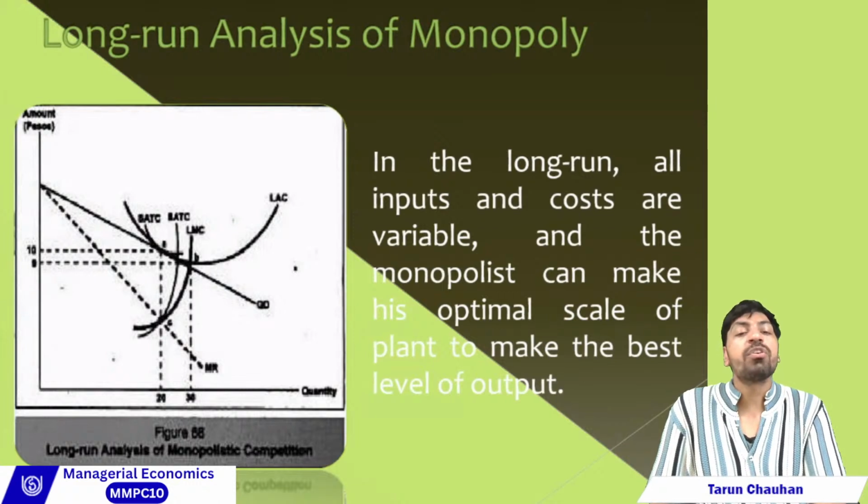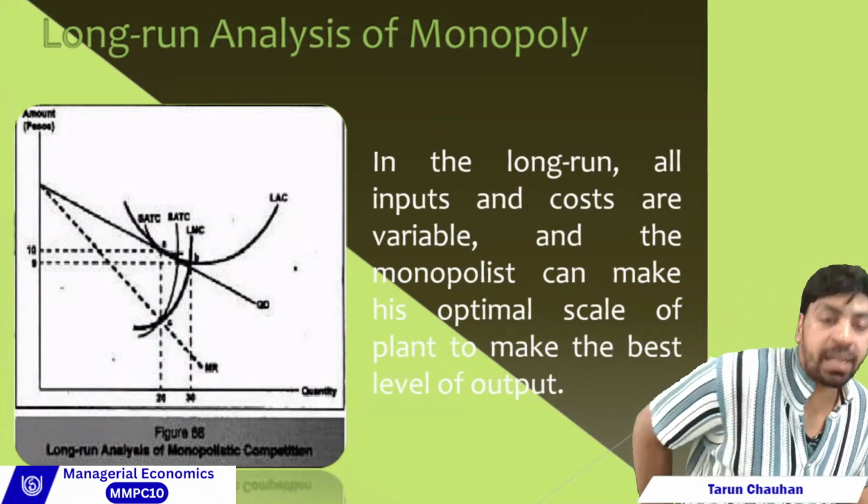So 24 would be the quantity based on assumption, and the equilibrium price is 10.